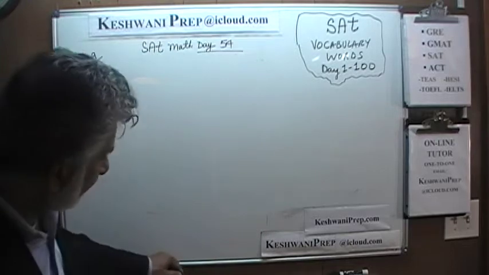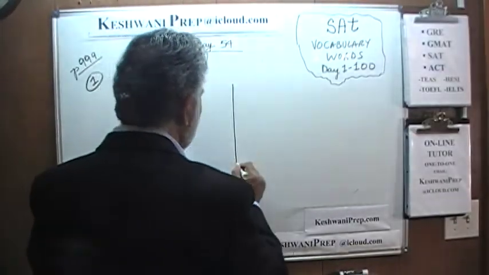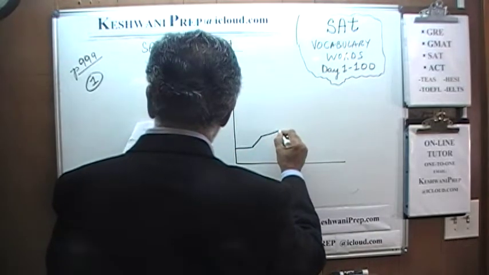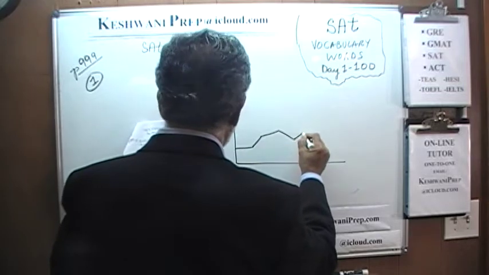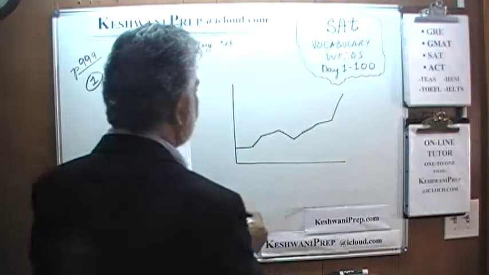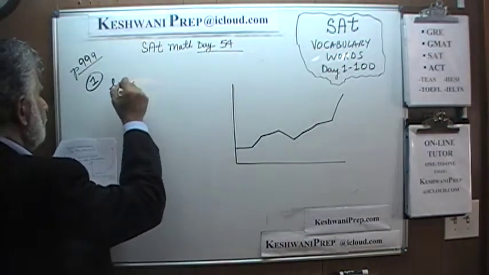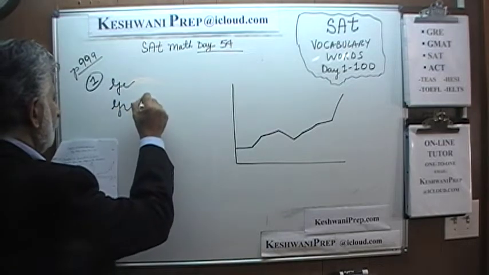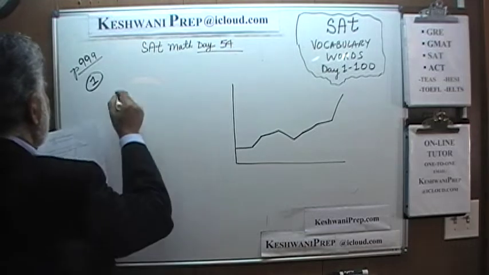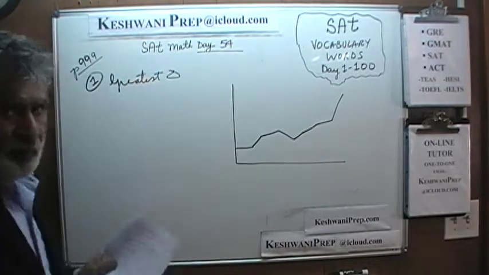In number 1 we are given a little graph here that looks something like this. I'm going to do the best I can here. There we go. And the question simply is, what is the greatest change from one year to next year?